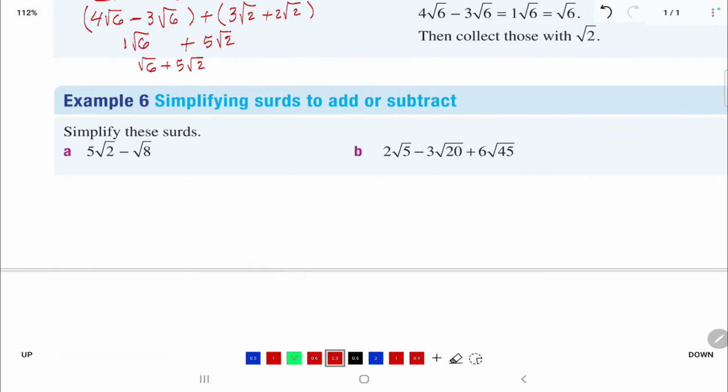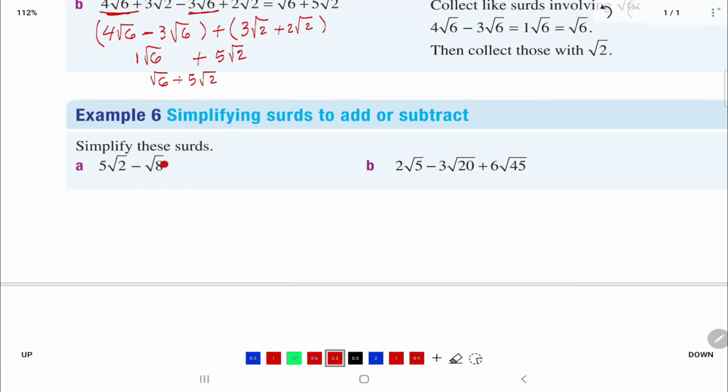Now here I can also simplify 5 under the square root of 2 minus under the square root of 8. I'll solve this one like this: 5 under the square root of 2, it is the same, minus this one, I can write it as 4 multiplied by 2.